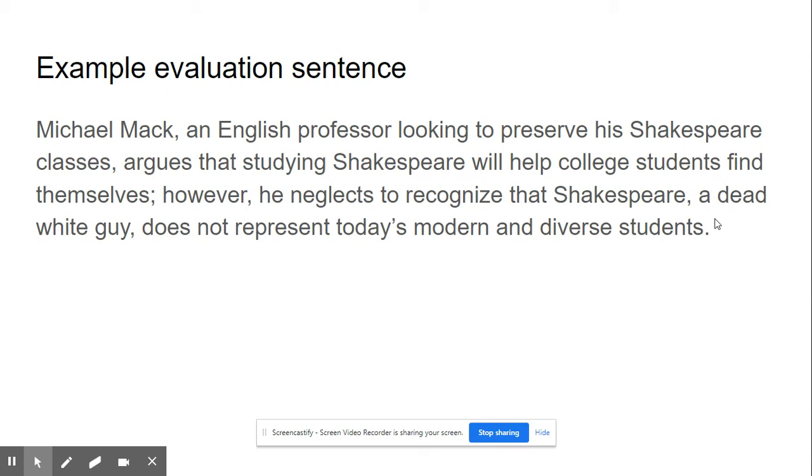Okay, so this particular person is a con person, meaning they don't want to teach Shakespeare. So the first piece of evidence starts with the pro, acknowledging the pro. So from Michael Mack all the way to themselves is that first side. Then after this comma, it goes back to the con, which is the side this person decided to argue, right? So this clause here argues for the side that they're trying to argue, which is against teaching Shakespeare.